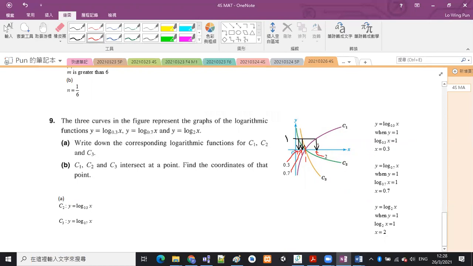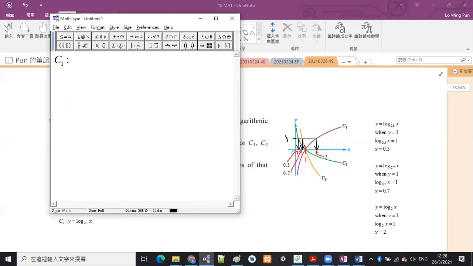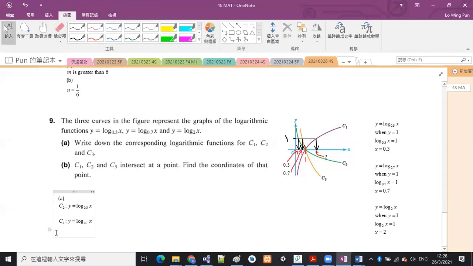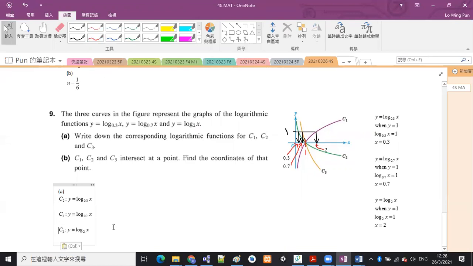So C1 should be the one with base 2. The conclusion is C1 is y equals log x base 2. Is that okay? We have matched all three curves.